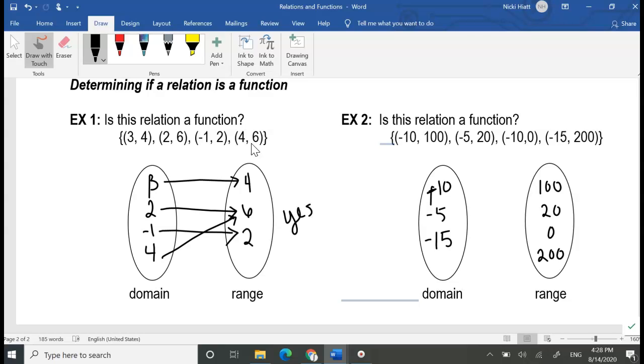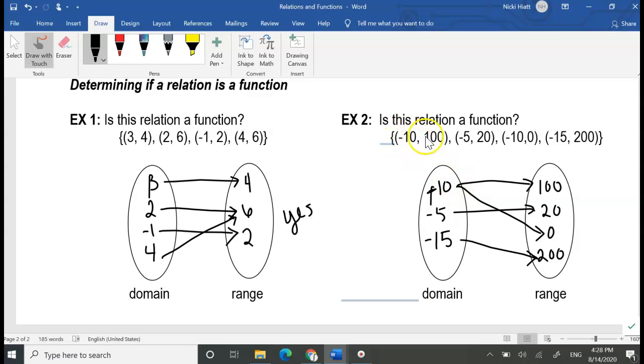And so if we draw our arrows to assign our values here, -10 goes with 100, -5 goes with 20, -10 also goes with 0, and -15 goes with 200. And so right here you can see -10 goes with two different y values, and that cannot happen in a function.